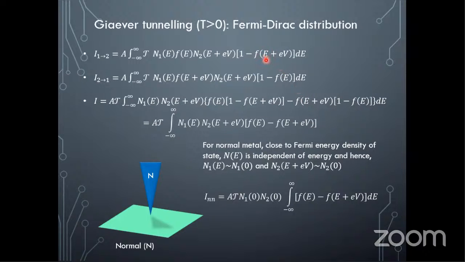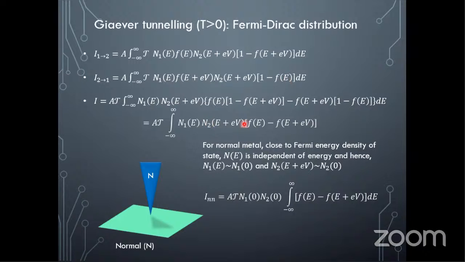Along with it, I have just taken into account the Fermi-Dirac distribution for T greater than 0. This is where it enters the expression: f of E plus EV for tip to sample, and f of E for sample to tip.